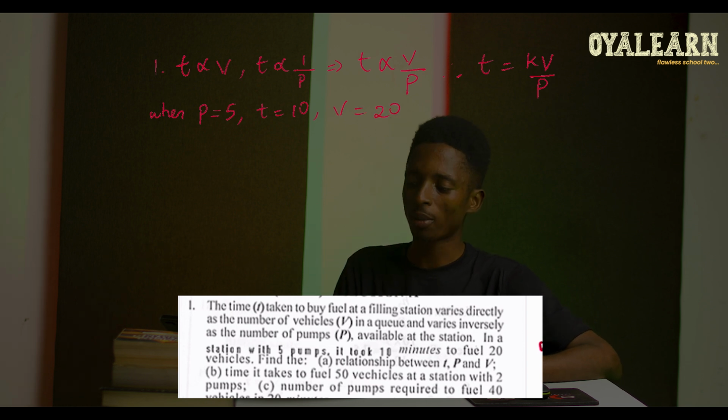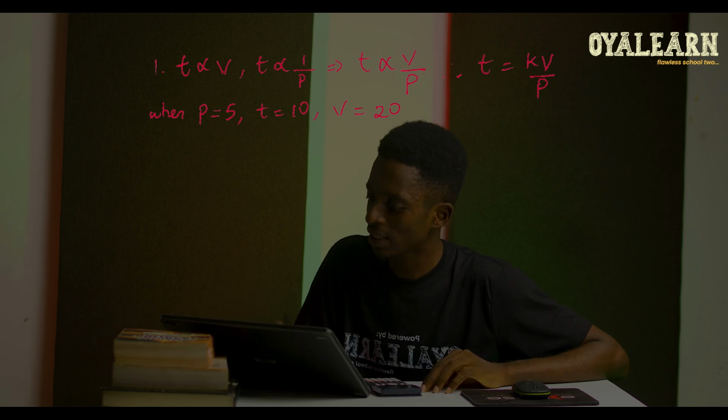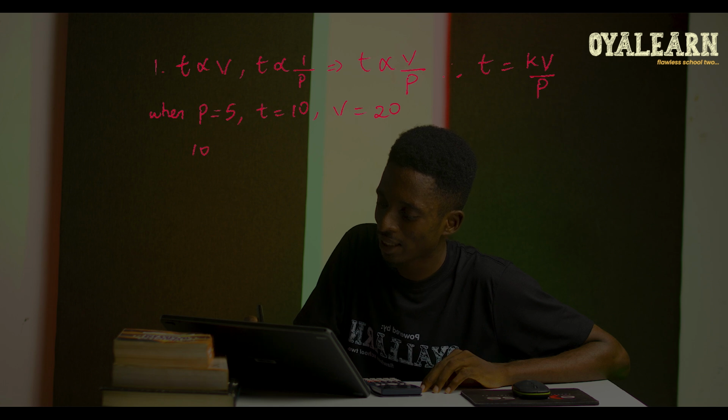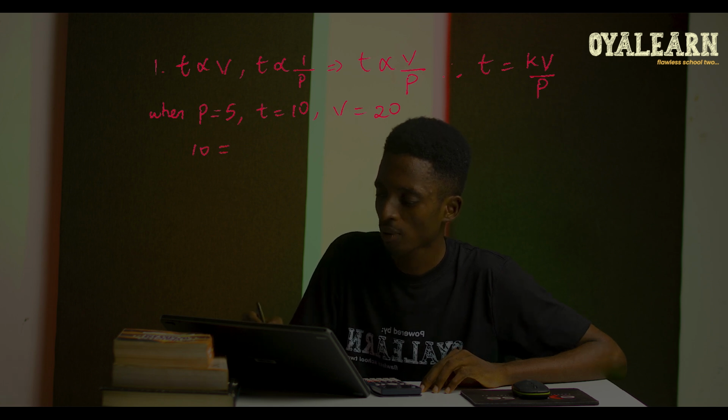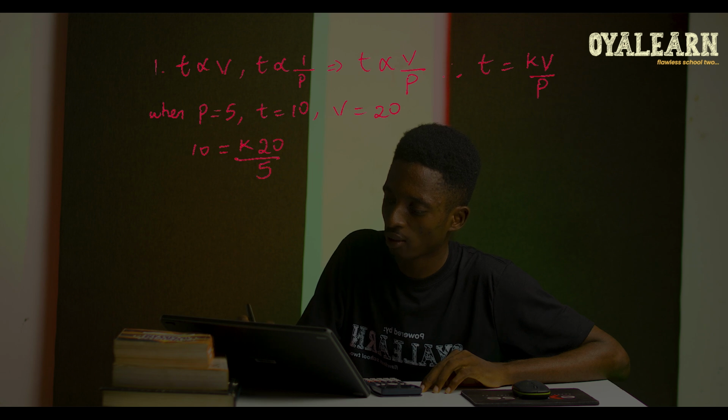So using this information, we will then find the value of K. Using this equation, T is 10 equals K multiplied by V, which is 20, divided by P, which is 5.